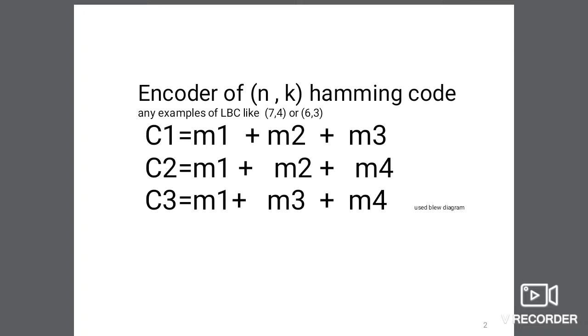We use simple check bits as combinations: c1 is m1 plus m2 plus m3, c2 is m1, m2 and m4, and c3 is m1, m3 and m4. This is modulo 2 addition. We simply use the XOR operation.